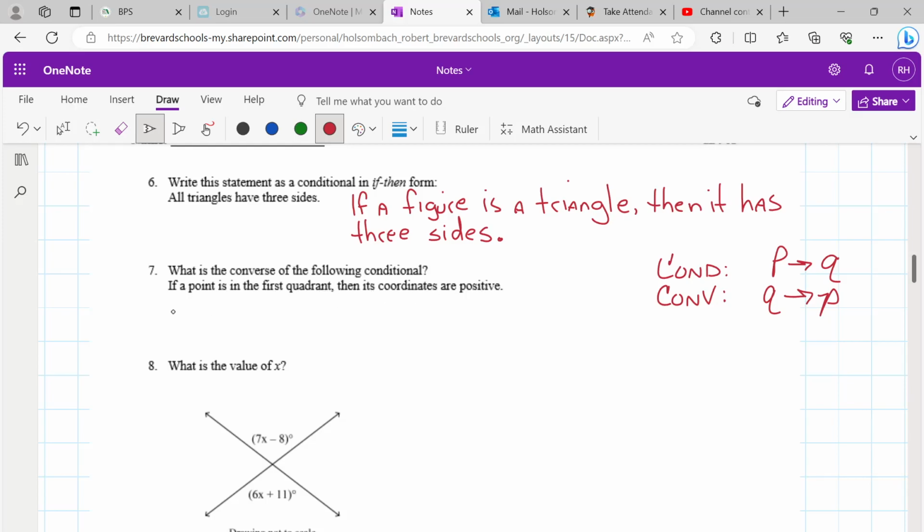So what we're going to say is that if a point has positive coordinates, then it is in the first quadrant.